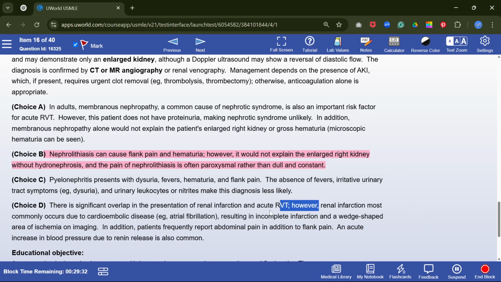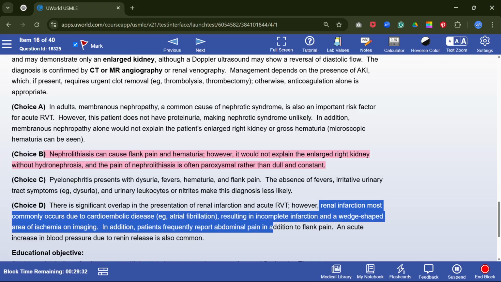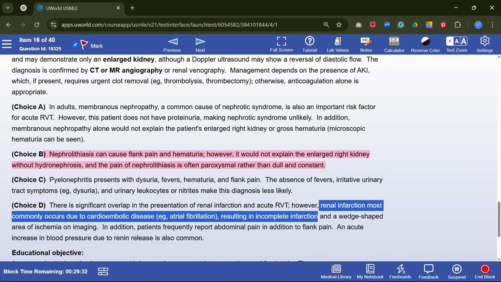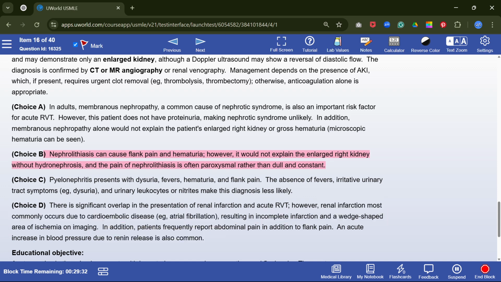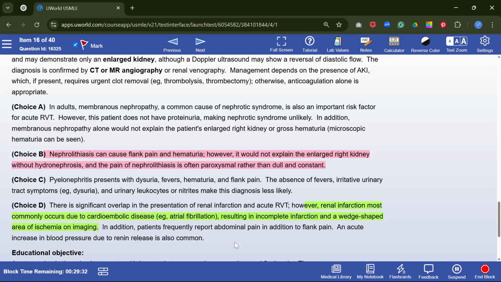However, renal infarction most commonly occurs due to cardioembolic disease like atrial fibrillation, resulting in incomplete infarction and a waist-shaped area of ischemia on imaging. In addition, patients frequently report abdominal pain in addition to flank pain. Acute increase in blood pressure due to renin release is common.